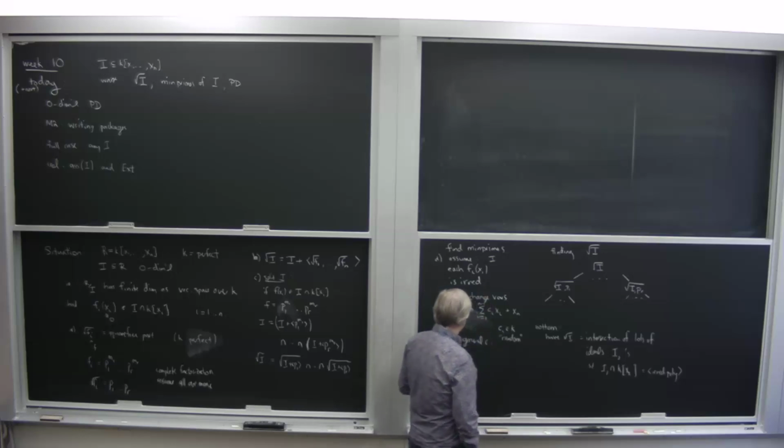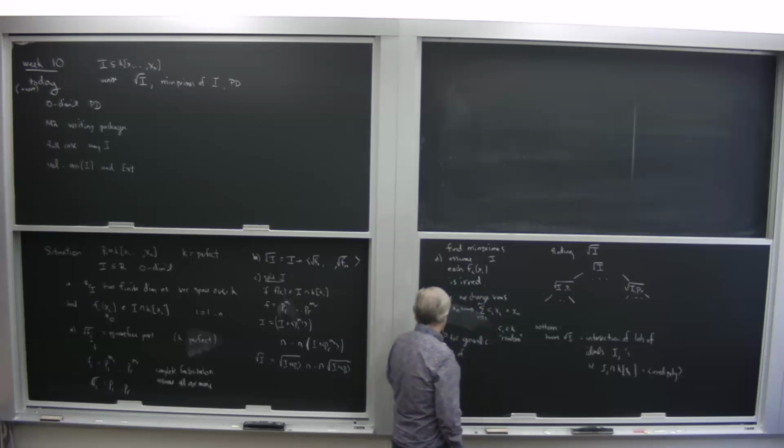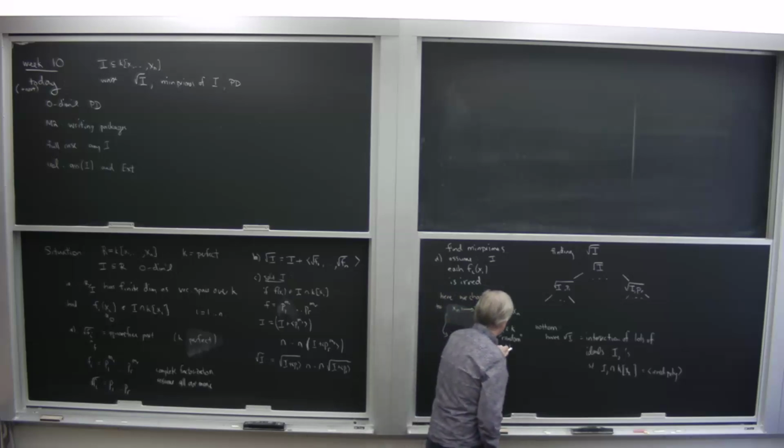what you get is that the Gröbner basis of I, after changing variables to this, obtaining an ideal I prime.